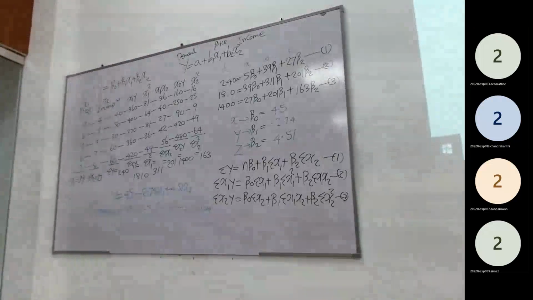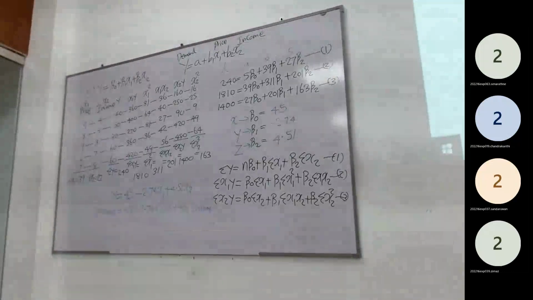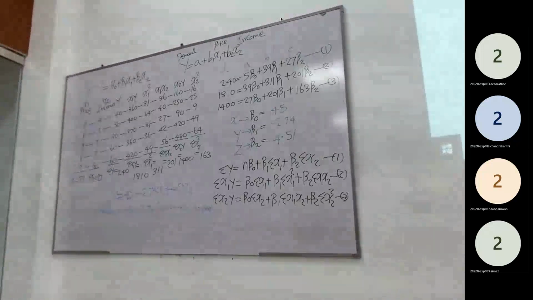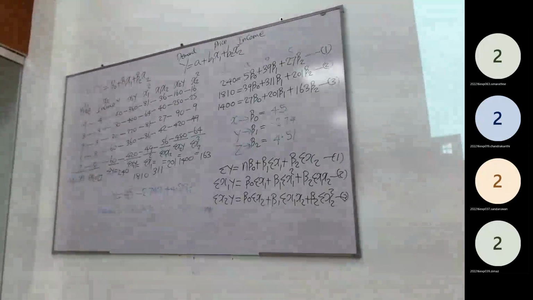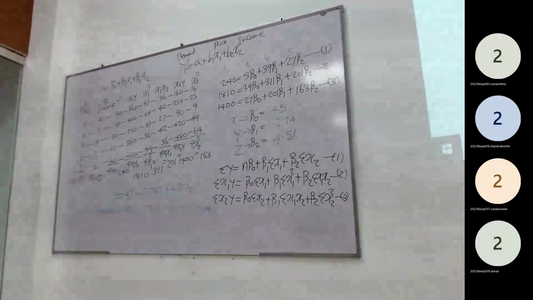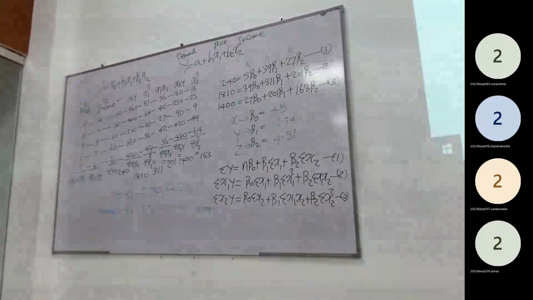If the price is 10 rupees and income is 90,000 rupees.